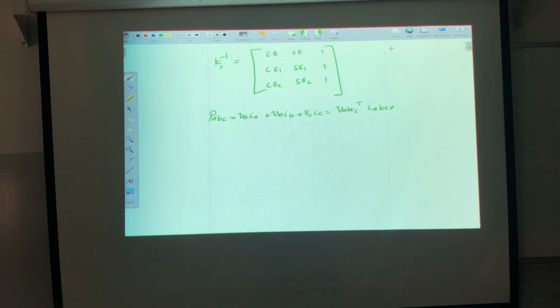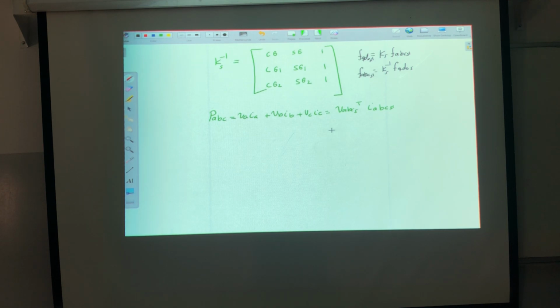So simply remember, if I have FABCS and multiply it by KS, I will get FQD0S. And if I have FQD0S and multiply it by KS inverse, I will get FABCS, and the F can be anything.